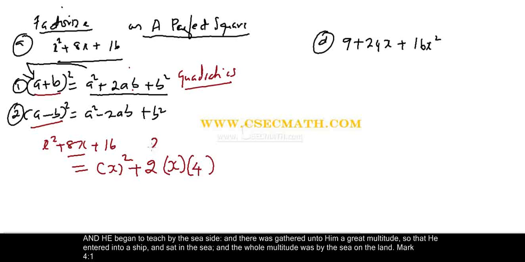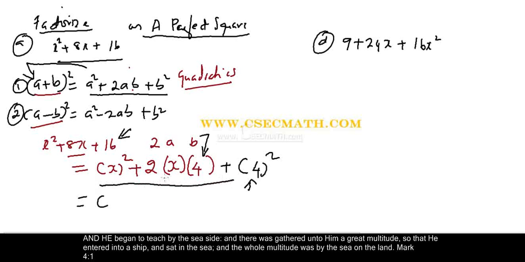Now clearly this is of the form 2ab, so in place of b I have 4. Obviously the last term should be 4 squared. If this quantity 4 squared matches with our quantity which is given here, then we would be able to write this quadratic system as (x + 4) the whole square, in place of b I got 4.